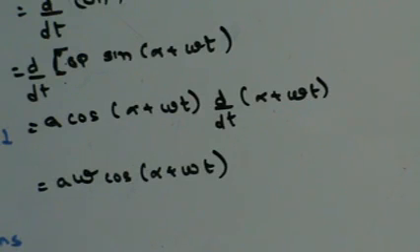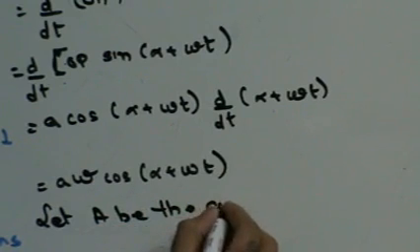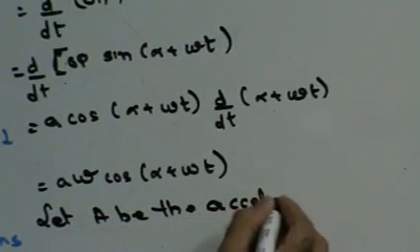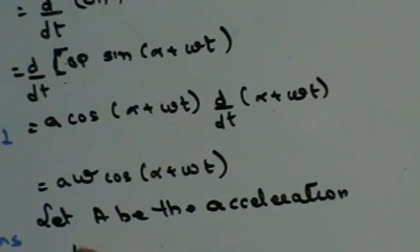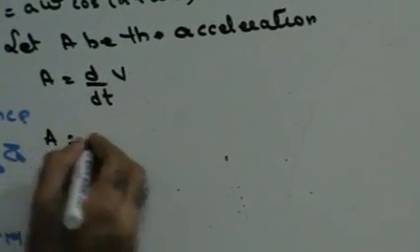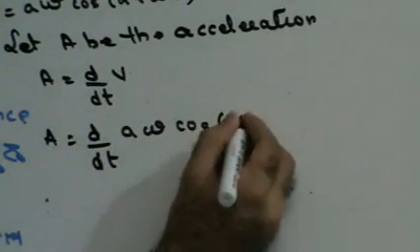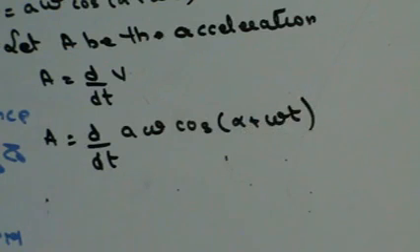In that case, if this is the velocity, let capital A be the acceleration. Acceleration is nothing but the rate of change of velocity, right? We've just found the velocity, so acceleration is d by dt of A omega cos of alpha plus omega t.